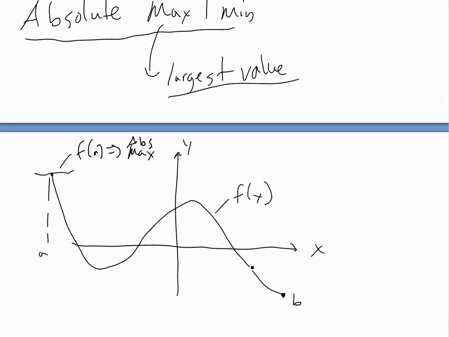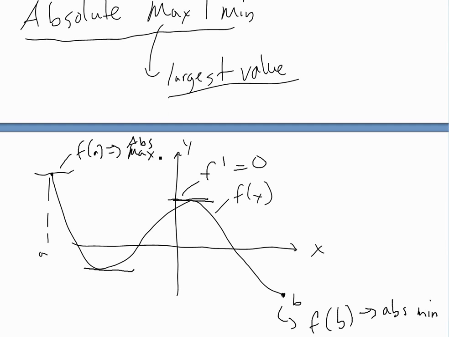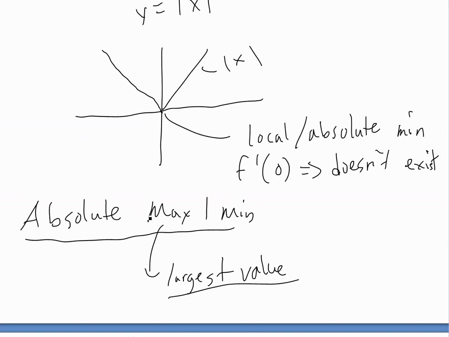And from here, you can see that the lowest value is this one here, f of b. This is the absolute minimum, the lowest, and these others are just local max and mins. As you can see, the slope here is 0, so f prime is 0, because it doesn't break apart like this one.